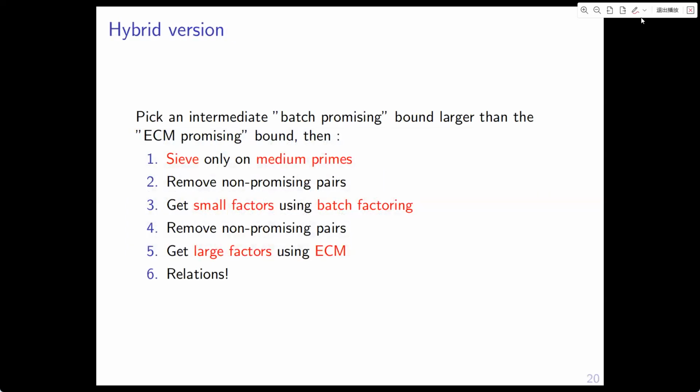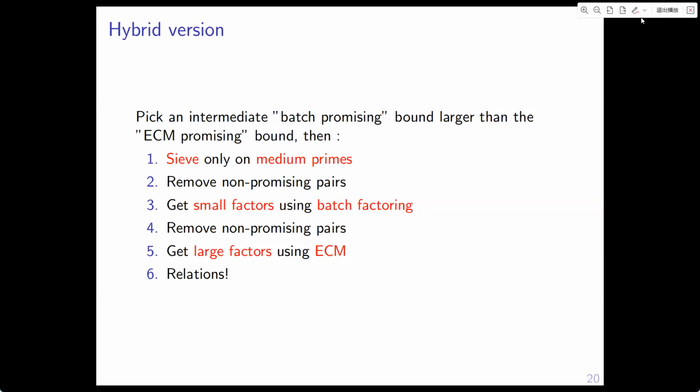And we propose this hybrid version. We pick an intermediate batch promising bound, which is larger than the ECM bound. Then the first step is to sieve only on medium primes.